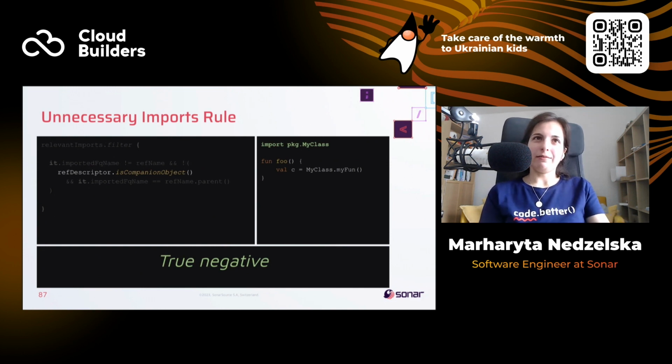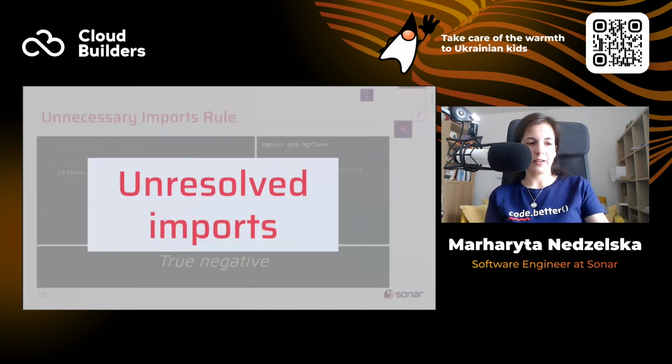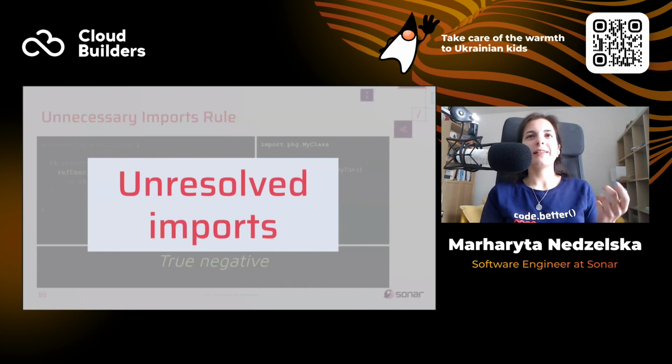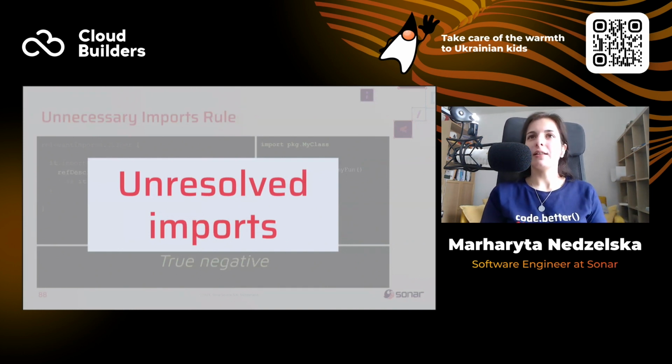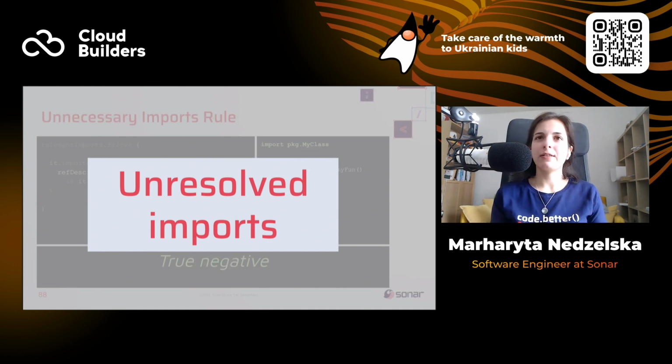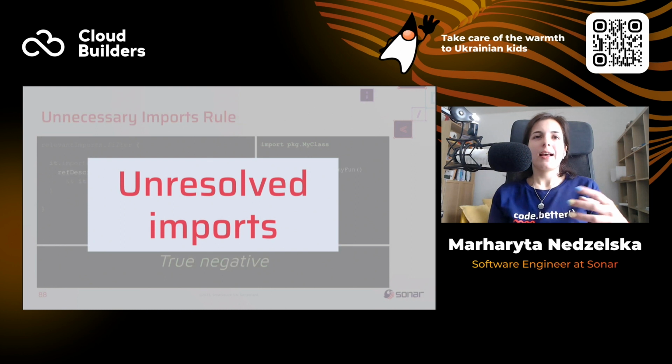We thought, okay, now that is the end and that's working now. But no, we had another problem. Another problem was with unresolved imports. What is it? Sometimes in static analysis, we have missing information, for example, binaries or libraries. And because of that, we could not resolve the types or some other variable declarations, and some imports could be unresolved.